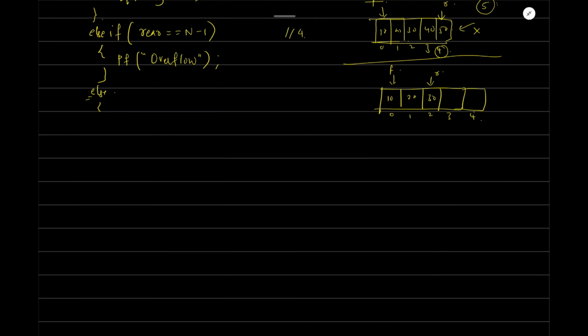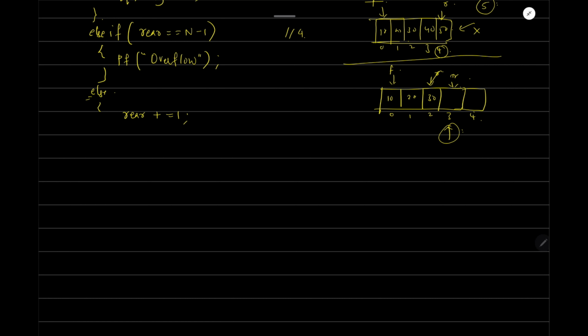In any situation, I want to add a new element here. From the rear side only we can add, so I will increment the rear, that is, rear plus equal to 1.